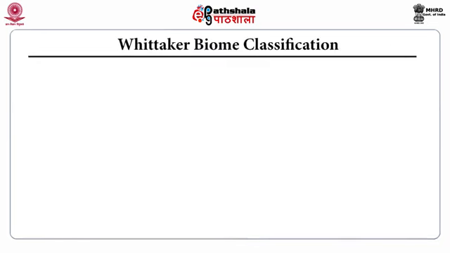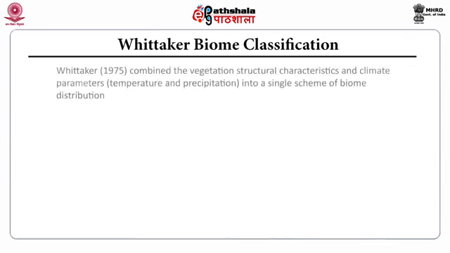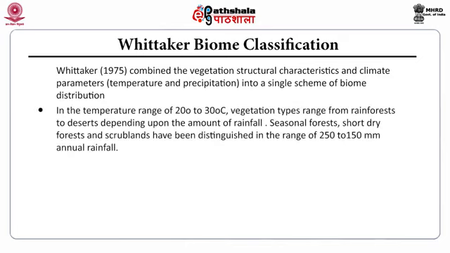Whittaker's biome classification was given in 1975. It combines the vegetation structural characteristics and climate parameters like temperature and precipitation into a single scheme of biome distribution. In the temperate region of 20 degree to 30 degree, vegetation types range from rainforest to deserts depending upon the amount of rainfall.